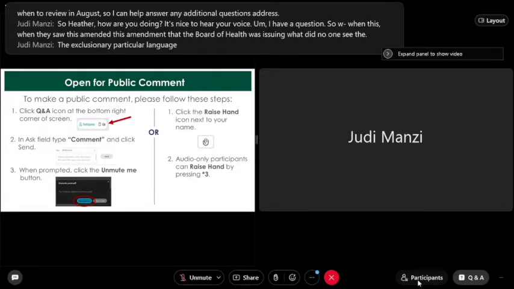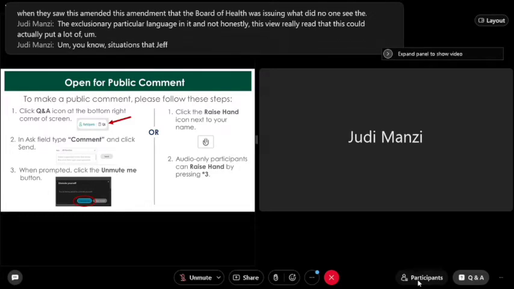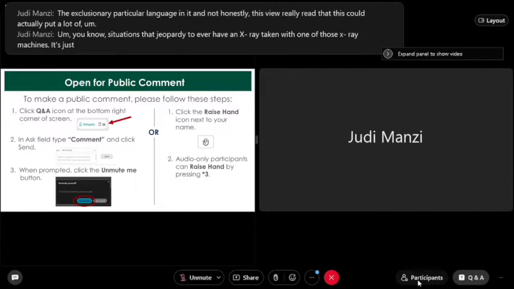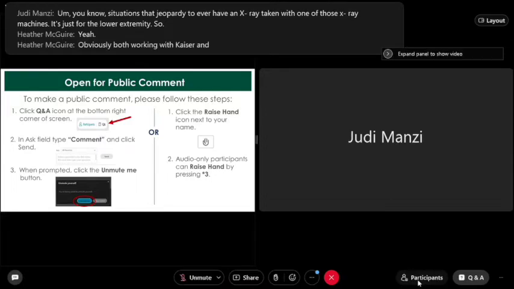Honestly, if you really read that, this could actually put a lot of current situations in jeopardy to ever have an x-ray taken with one of those x-ray machines that's just for the lower extremity. So we've got two upper board members who obviously both work for Kaiser, and we've got a lot of board members who work for large medical groups.